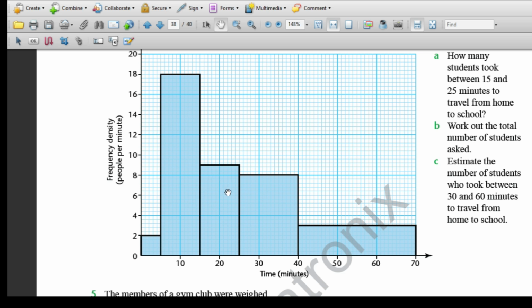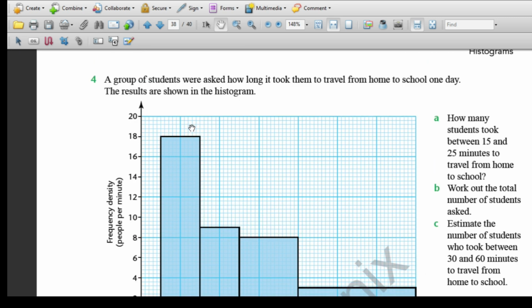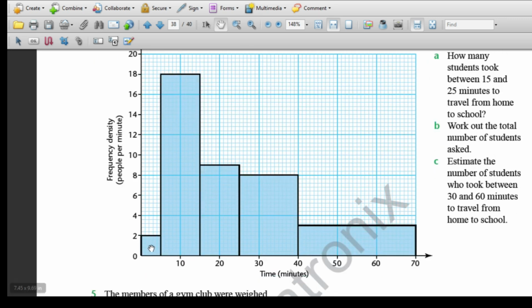In part A, the question is very easy. Work out the total number of students asked the travelling time. So we will take the class width times frequency density, so we obtain the total frequency. In part B, we have been asked the total frequency.